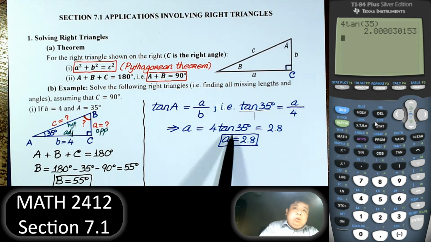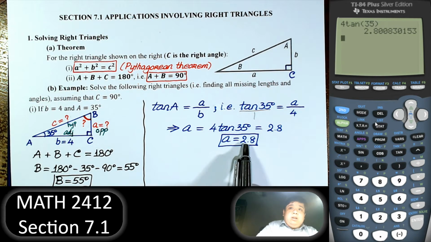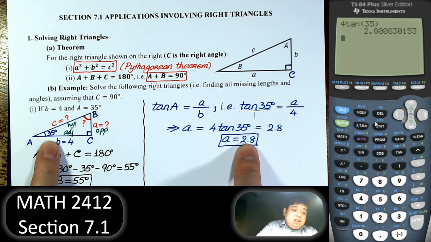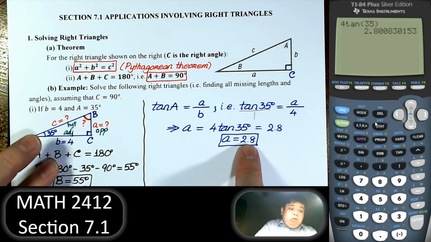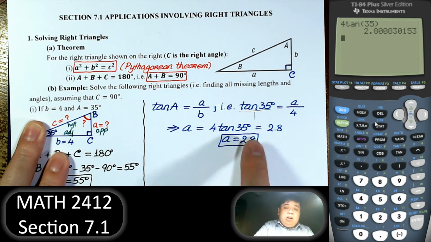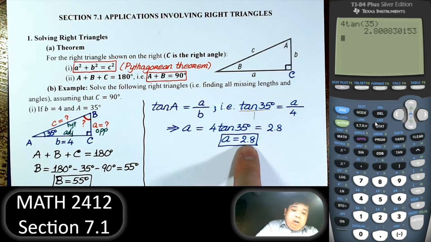We don't want to use a number that we calculated to calculate another one, because this number is rounded off from what we have on the calculator, so it is not as exact as the numbers that are given here. Preferably we use the numbers that are given, not the numbers that we calculated.